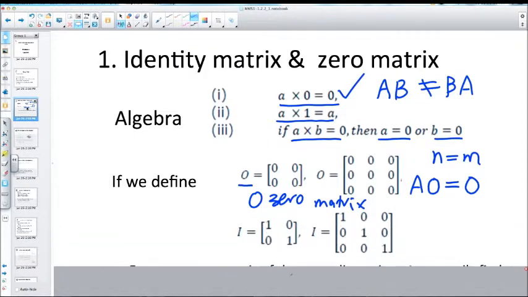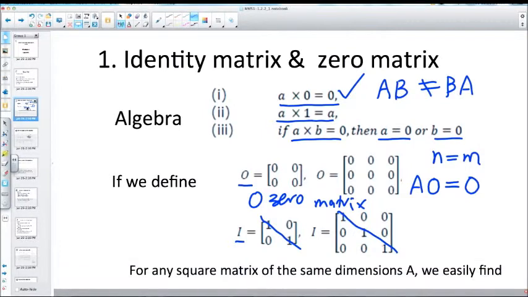We're going to define the counterpart of the identity 1. We call it I. All you need is put the major diagonal as 1, and all the other elements are zeros. Again, we can do the multiplication.